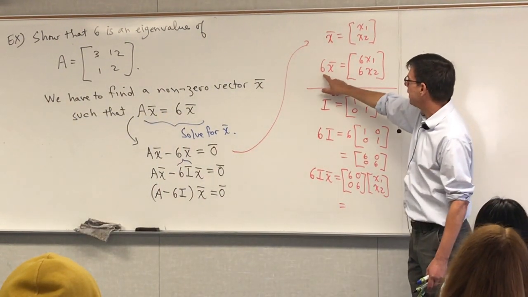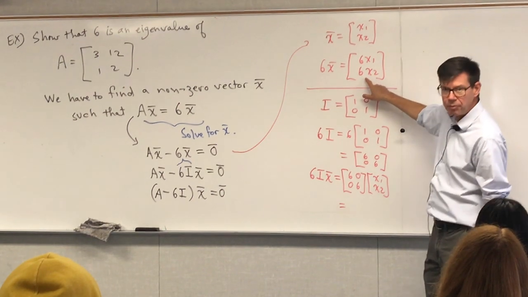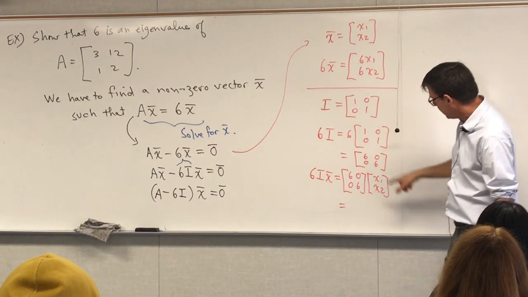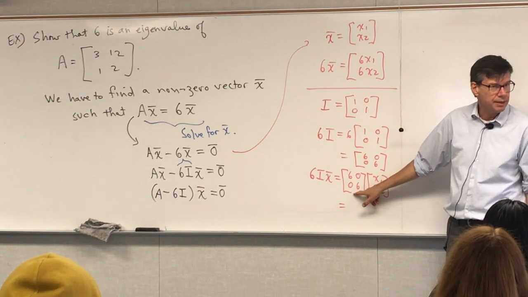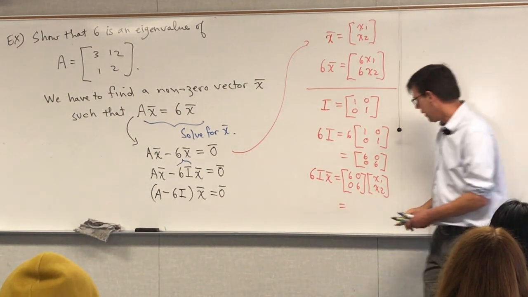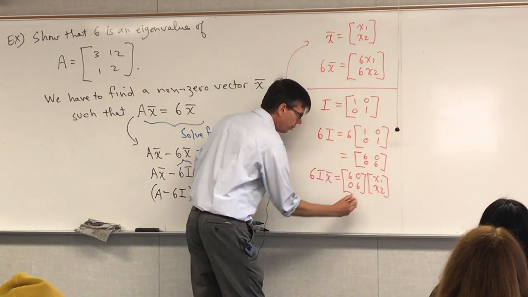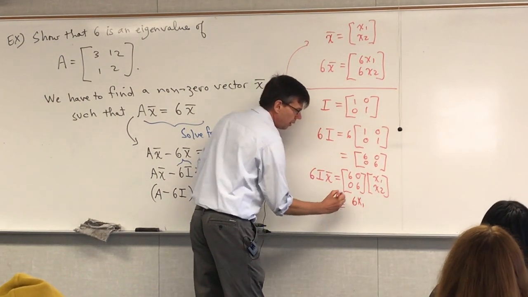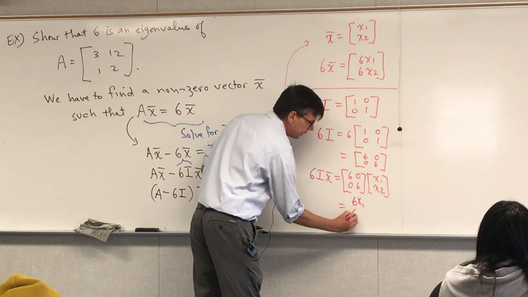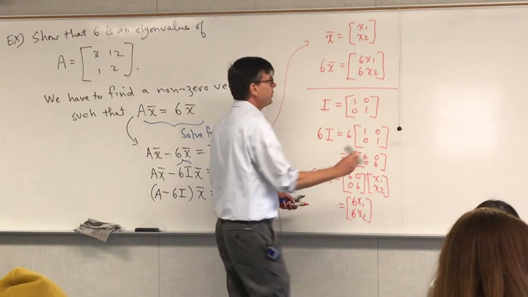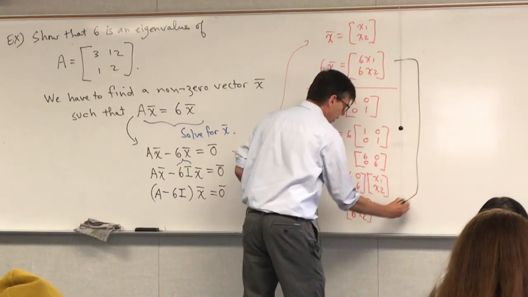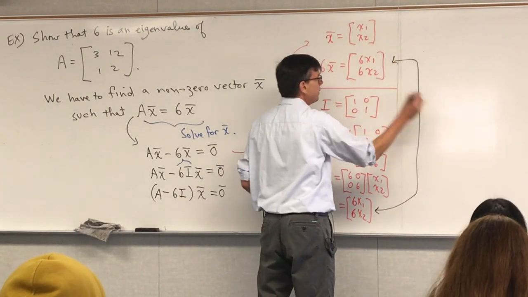Multiplying a scalar times the vector x, multiplying each entry by 6, is the same thing as multiplying 6 times the identity matrix times that vector x, right? Because what do we get? We get 6x1, and my second entry is going to be 6x2. So just notice these are the same.